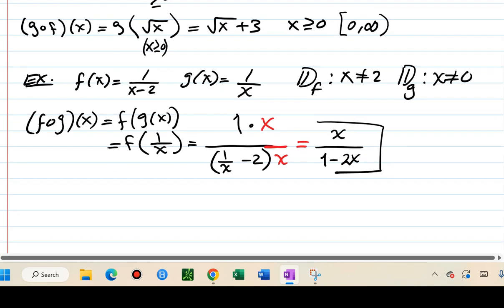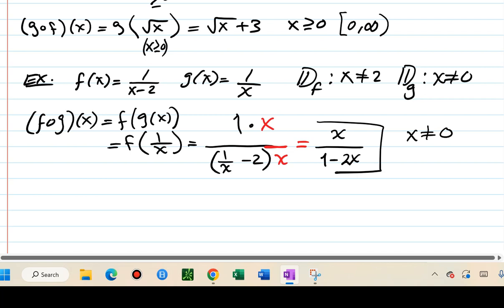Now remember, we have f of g of x. So we're going to look at, again, what's going to be passed on to f right in here. X cannot be 0. We know that. Because then there will never be an output from g. And what about f?